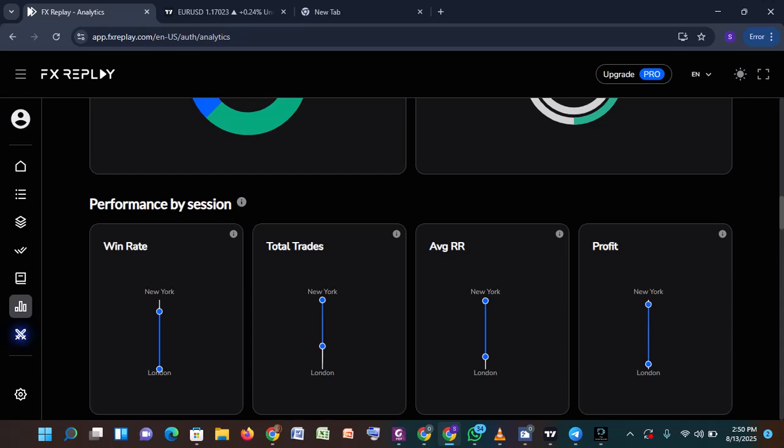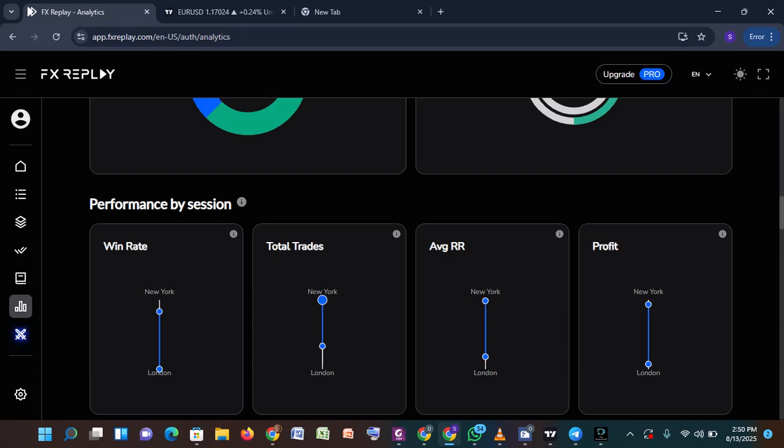So my total trades, I took a lot of trades in New York session, not in London session. I took 4 trades in London session and I took 12 trades in New York session. And you can also see from my win rates, I win more in London session, which means my wins come from London session and it is not many trades.